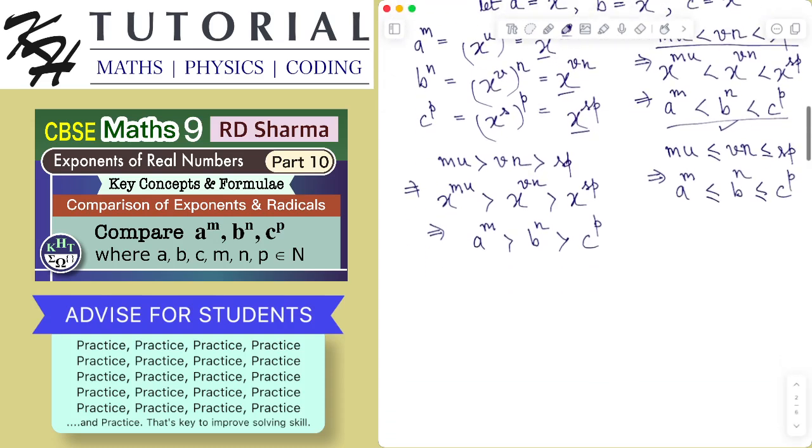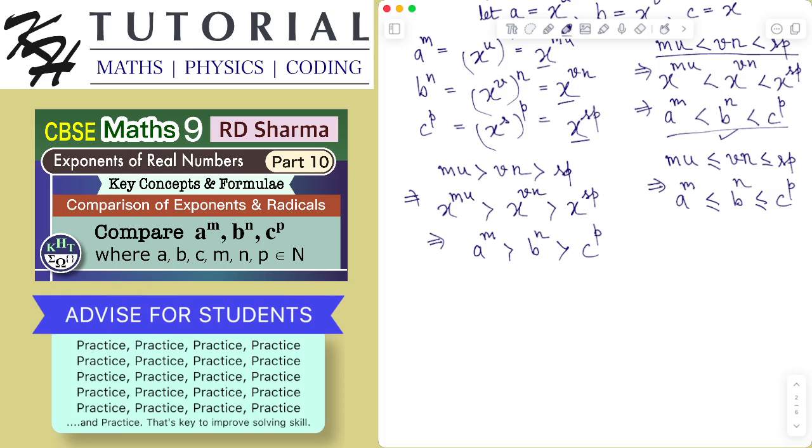Similarly, if we have m greater than or equal to n greater than or equal to p, then this will imply a to the power m will be greater than or equal to b to the power n will be greater than or equal to c to the power p.